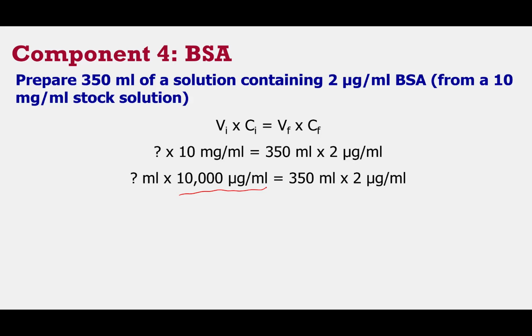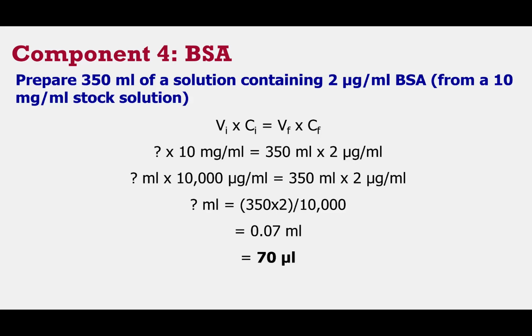Because now I've got micrograms per mil on both sides, I know that my unknown is in millilitres, because it's the same as we've got here on the right-hand side. So my unknown number of millilitres is 350 times 2 divided by 10,000, and that's going to be an answer of 0.07 millilitres, or in other words 70 microlitres.